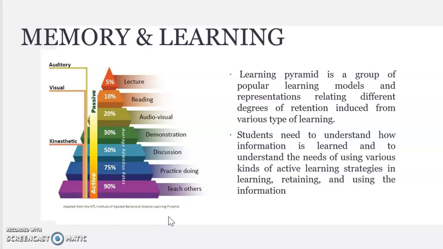Based on the previous topic, you have identified what type of learner you are, whether you are a kinesthetic learner, visual learner or auditory learner. Kinesthetic learners are more active learners. They prefer to be involved in learning like teaching others, practice doing, or discussion, as compared to visual and auditory learners, who prefer demonstration, audiovisual, reading, and lecture.